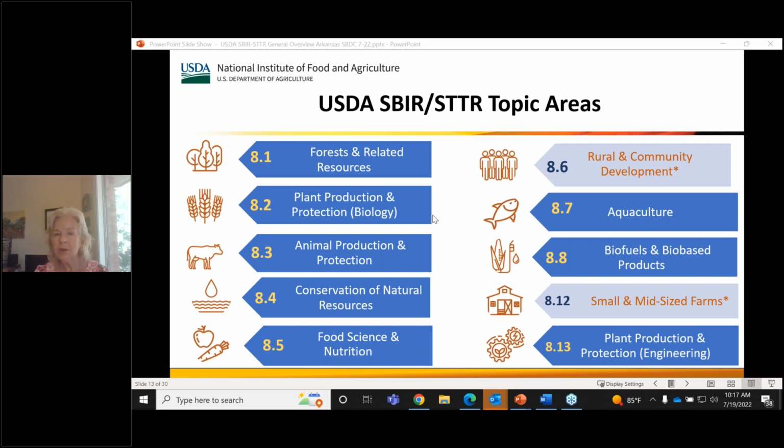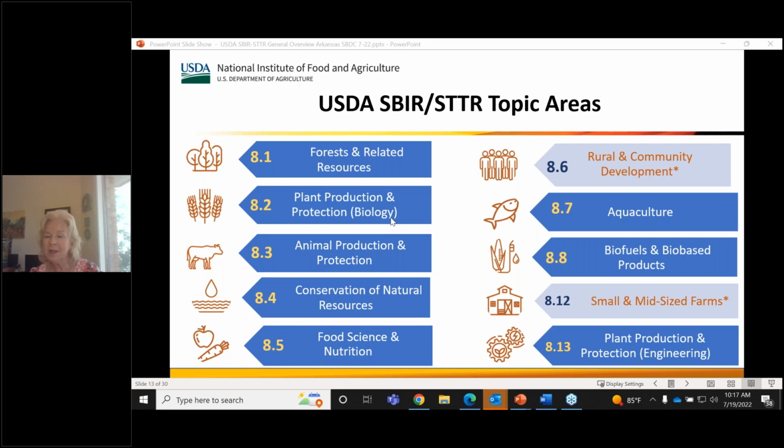So as you can see here, we have everything from forests and related resources. We have 8.2, plant production and protection. 8.2 is biology based, and 8.13 down here at the bottom is engineering. Of course, we have animal production and protection, conservation of natural resources, which includes air, water, and soil.